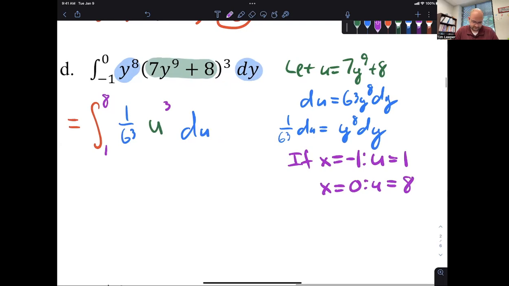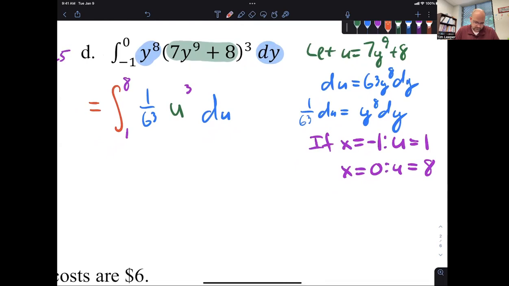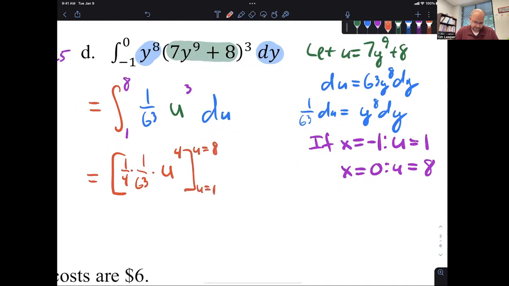Fantastic. So this will become what? Well, we still have the 1 over 63 times, and then this becomes u to the 4th power, and then multiply by 1 over 4 out in front, evaluated from u equals 1 to u equals 8.